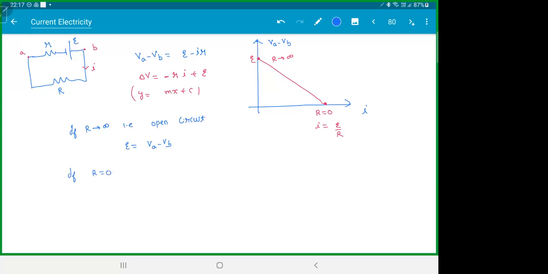If R becomes 0, it becomes a wire. Then VA minus VB is 0. There is no potential difference. Then E minus Ir is 0, and I is equal to E by r.